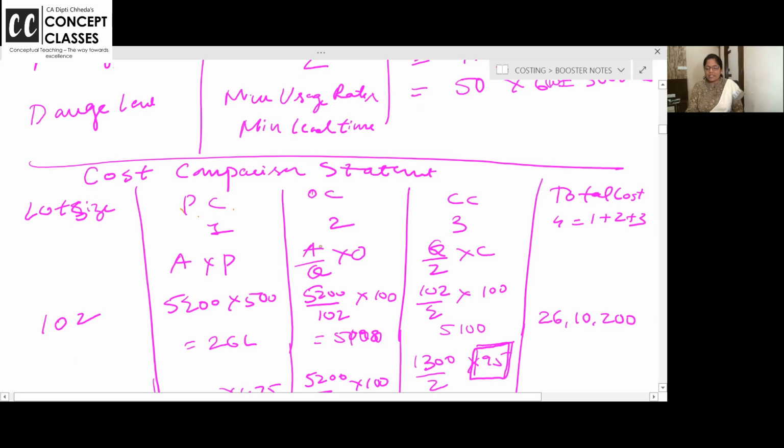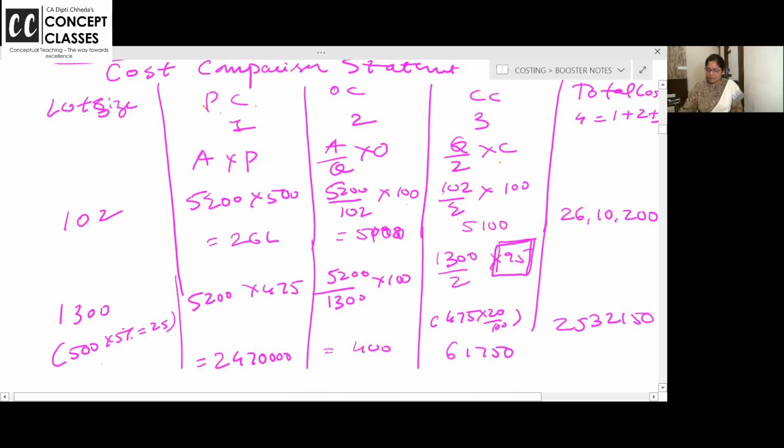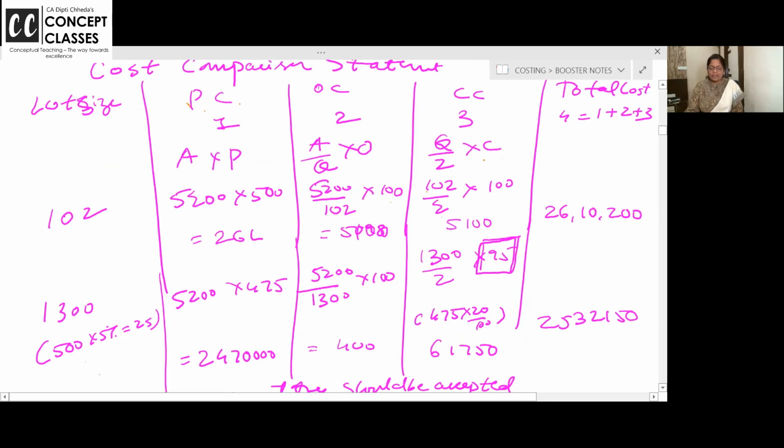Ordering cost is A by Q. A by Q gives you number of orders. 5,200 units you want and 102 units you are purchasing, into 100. Ordering cost. And carrying cost is Q by 2 into C. So Q is 1 or 2 units you are purchasing, average divide by 2 units you have into carrying cost per unit.